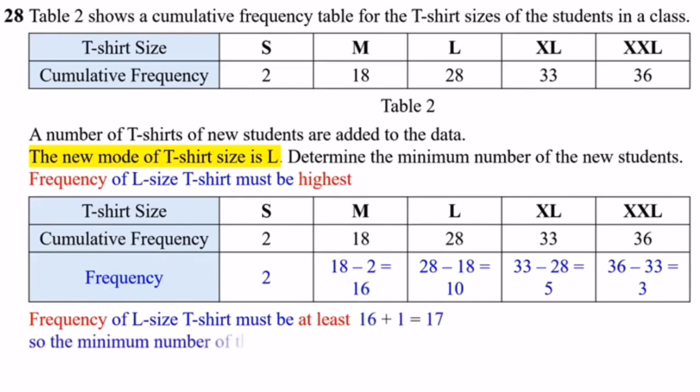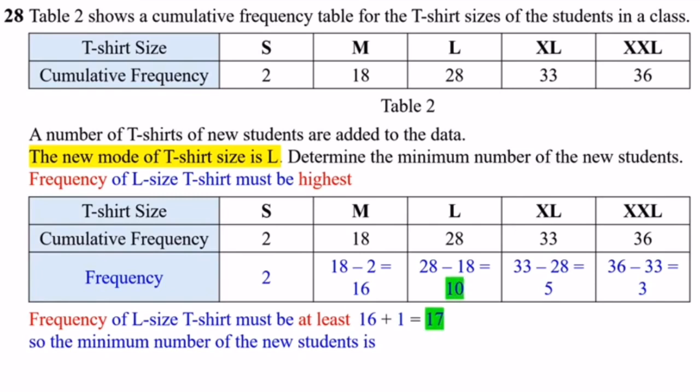Okay, the minimum number of the new students. In the beginning the L was 10, so now you need to increase to 17. That means you need to find the difference. You take the 17 and minus out the 10, which was originally 10, right?